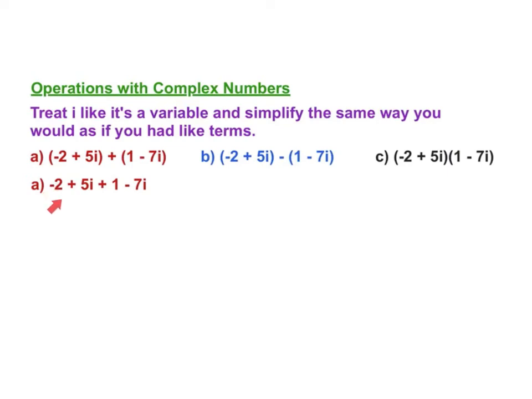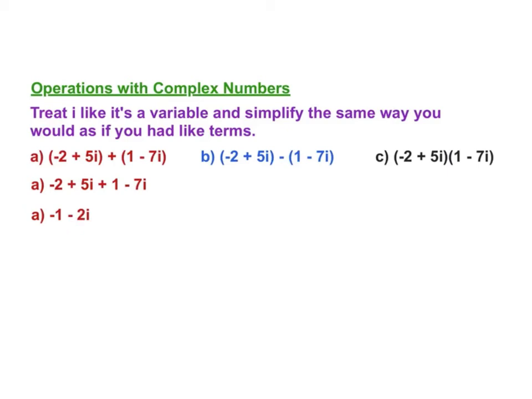So I did that here. Now you could have done that maybe in one step. And so now I'm combining like terms. Negative 2 plus 1, what's that? 5i minus 7i. Okay? Minus 1 minus 2i. How many got that? Okay, that's it. For that one, yeah. So I added these 2 complex numbers together and I got a complex number.